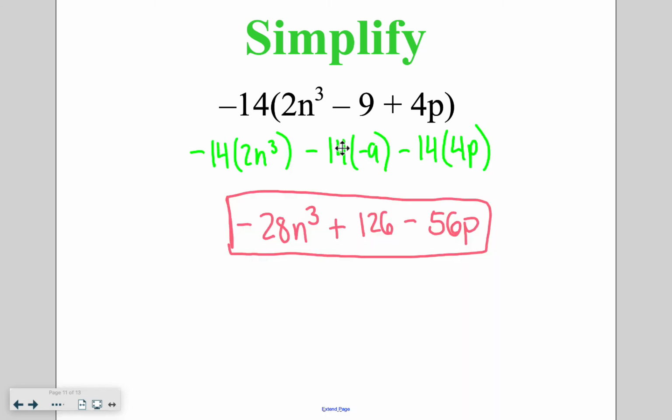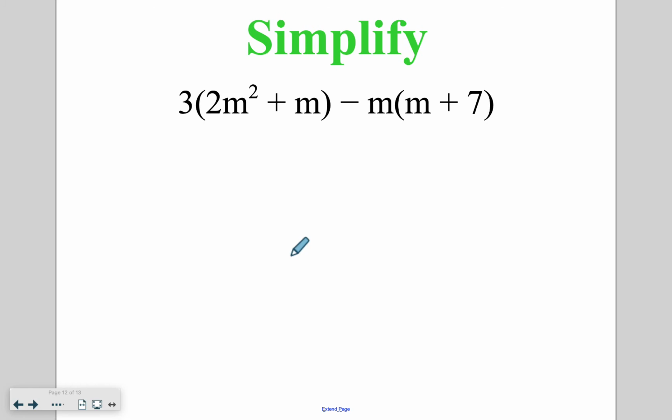Distributing that negative 14 through to each piece, I end up with negative 28n to the third plus 126 minus 56p. We can also use this property not only to distribute, but then lead to simplification. So I'm going to distribute this time.